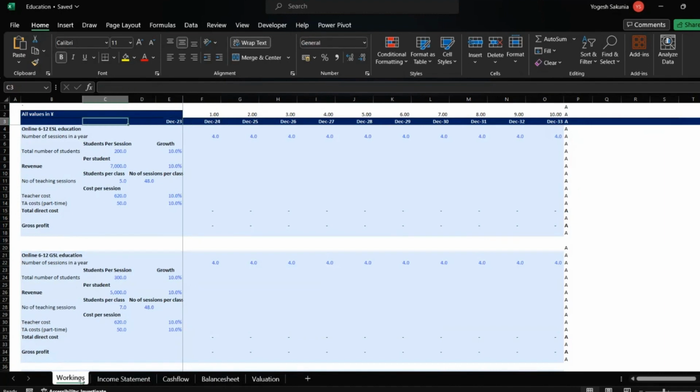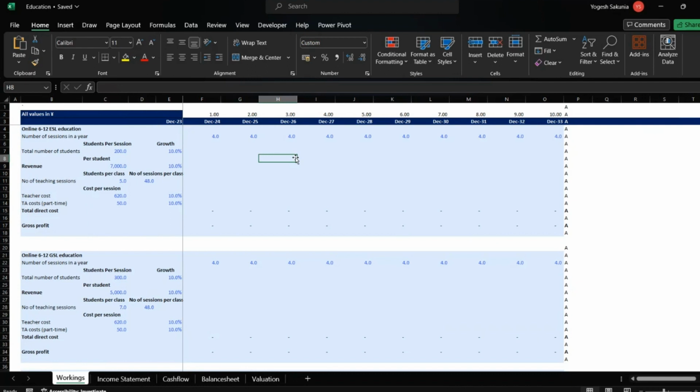We will always build the model with the years in the columns, and all the details put in the rows, not the other way around. Also, we have to utilize the full potential of Excel.